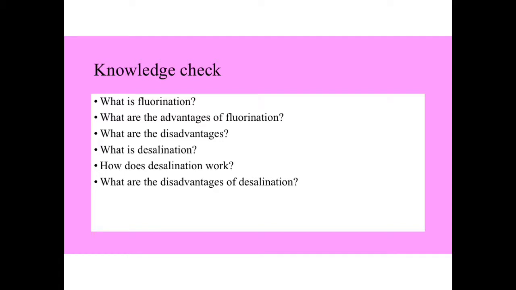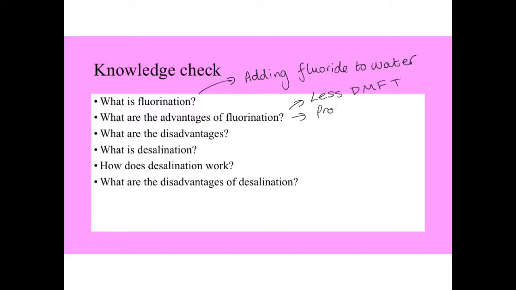If you get all the answers right, that's great. If not, we can use that to test your knowledge. So what is fluoridation? Adding fluoride to water. Okay, what are the advantages? Less decayed, missing, filled teeth, protects your enamel.